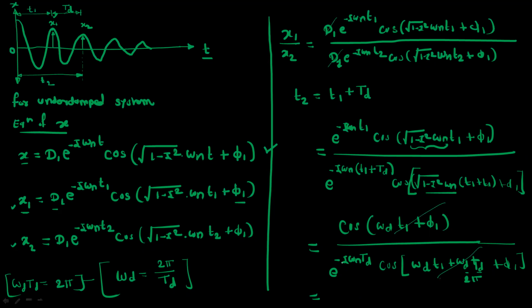So the equation will be e raised to minus, in the numerator it will become plus. So this x1 upon x2 is equal to e raised to plus zeta omega n td.